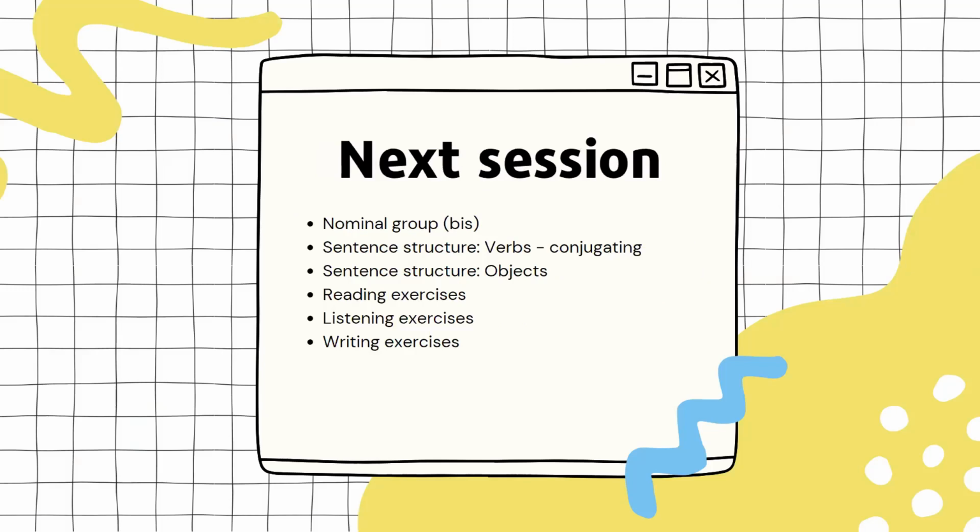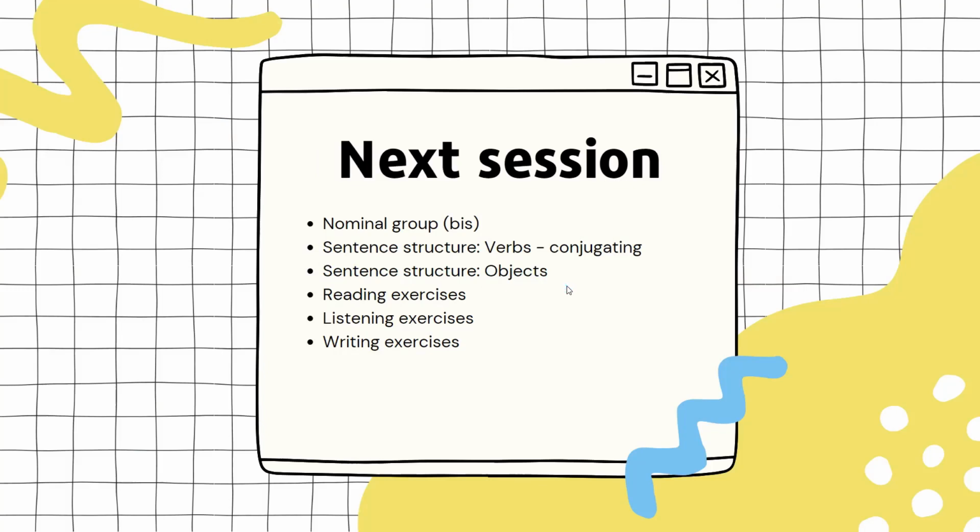For next session, we are going to continue with the nominal group. We're going to introduce the verbs, the next element of the sentence structure, and learn how to conjugate in the present tense. I hope, if it's not too long, to introduce the objects in a sentence.